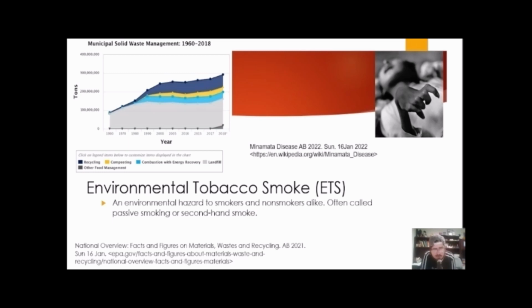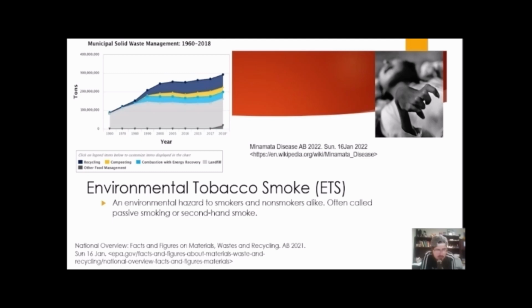Basically, metallic mercury sulfates were being dumped by the Chisso Corporation upstream from Minamata. And then as this traveled to the bay, it was converted to organic mercury, methylmercury, by the bacteria in the sediment.